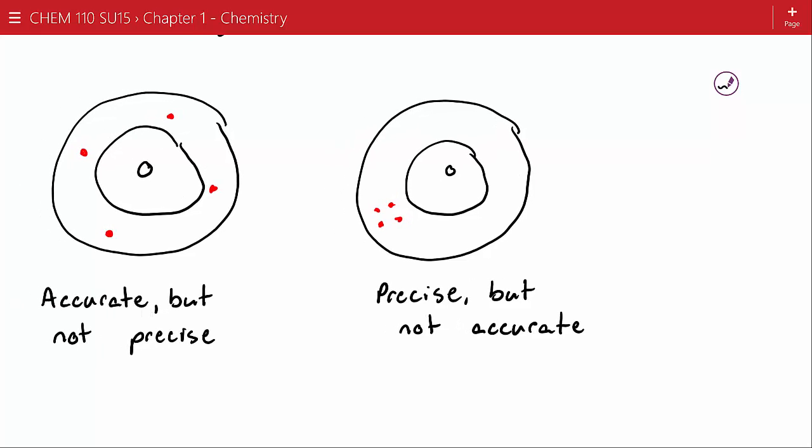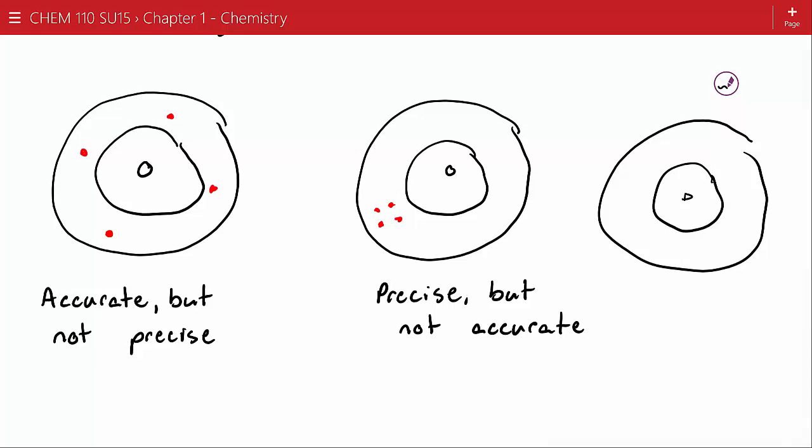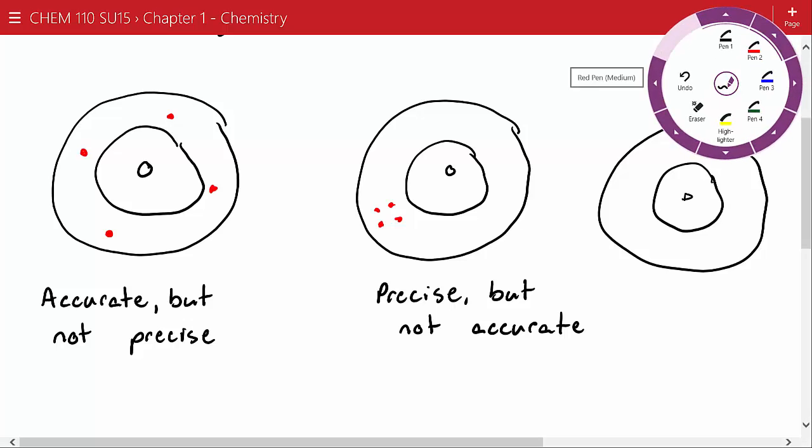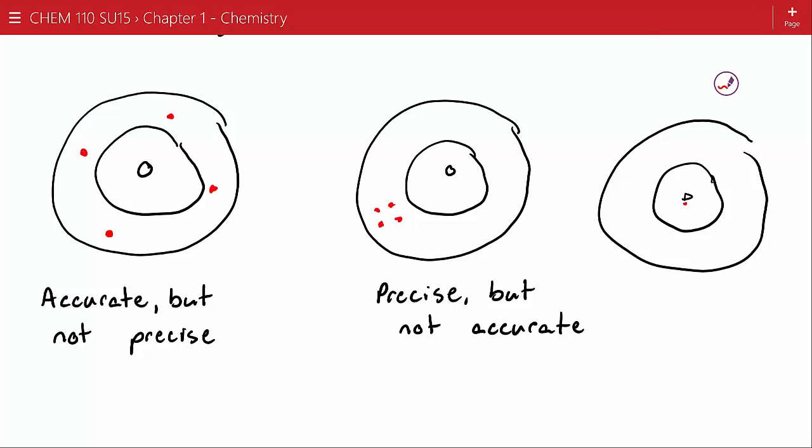And then last but not least, we could have our last bullseye with our expert dart thrower. And it's all clustered in the center. And in this case, we could say that this is precise and accurate.